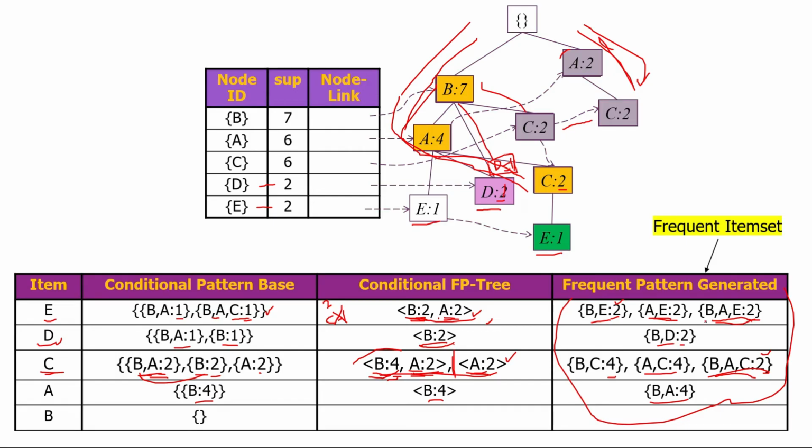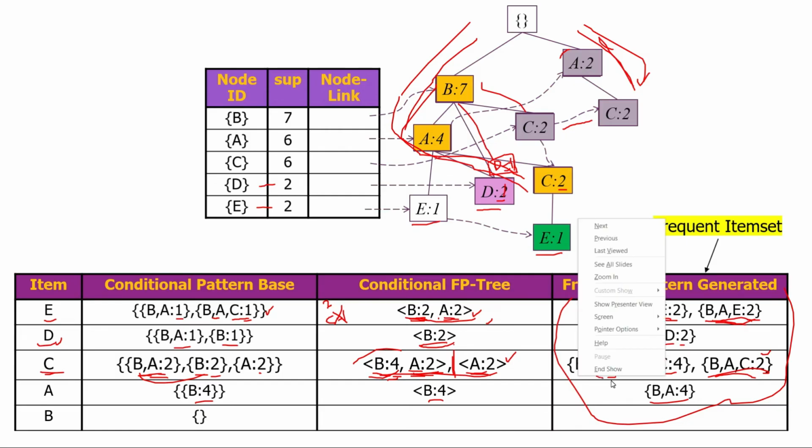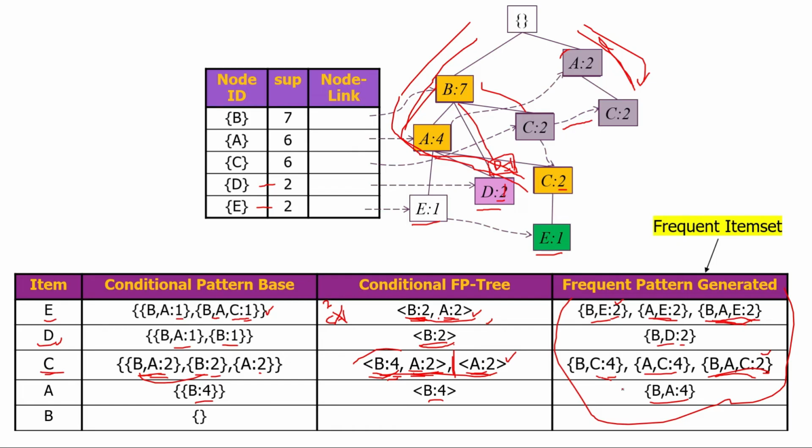Similarly, BAE is the frequent item set of length 3 with support count of 2. Similarly, if we talk about this item set, we have BC as a frequent item set of length 2 with the support count of 4. Similarly, these all are frequent item sets.